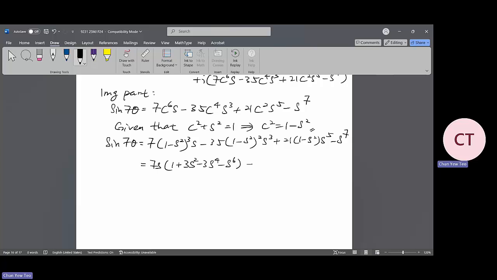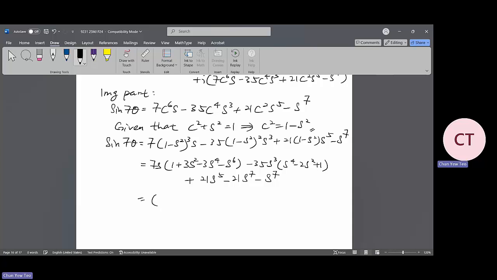So this one you get negative 35 s cubed, s power 4 minus the 2s squared plus 1. This one you will get 21s power 5 minus the 21s power 7 minus the s power 7.